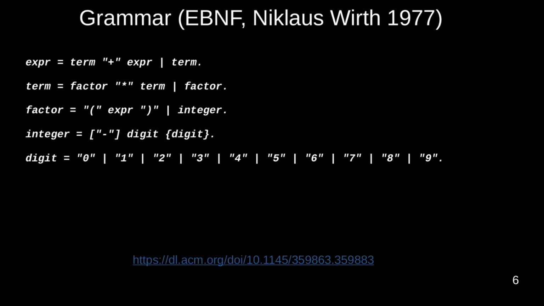And here is a little grammar that explains how we should do the parsing. So you read these grammars from the top to the bottom. At first we have expr, that's the whole expression, and that consists of a term followed by a plus sign followed by another expression, or it could be just a term. Quotes means it's a string literal, and the pipe character is a choice.